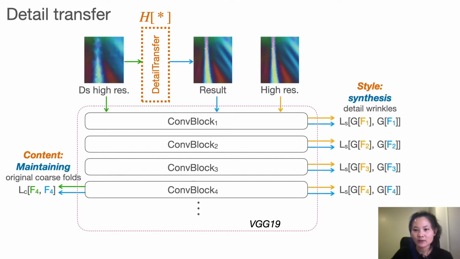We pass the low-resolution, high-resolution, and generated result normal maps through the VGG network and compute the content loss and the style loss. In our work, the content loss aims to maintain the original coarse folds from the low-resolution normal map, while the style loss aims to synthesize detail wrinkles that are similar to the high-resolution map.